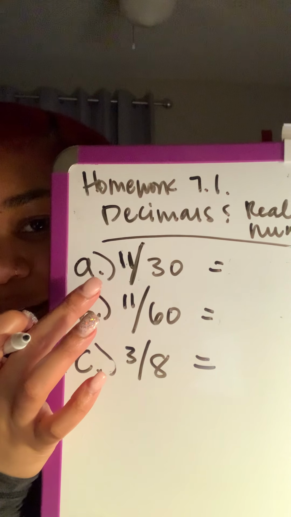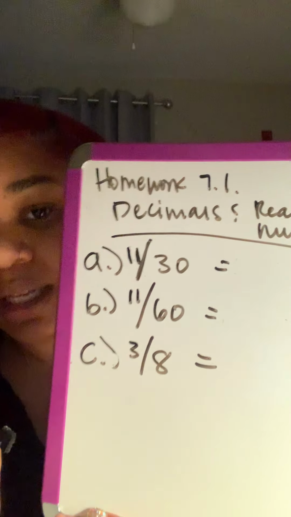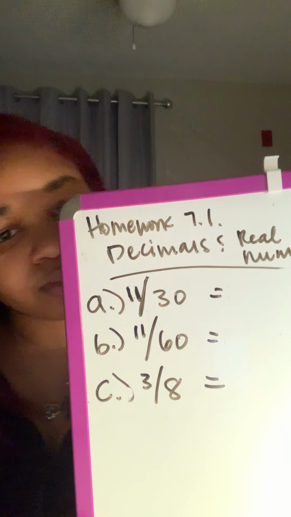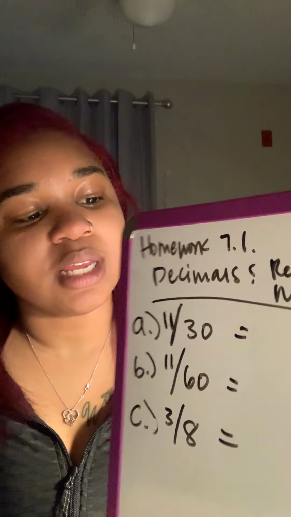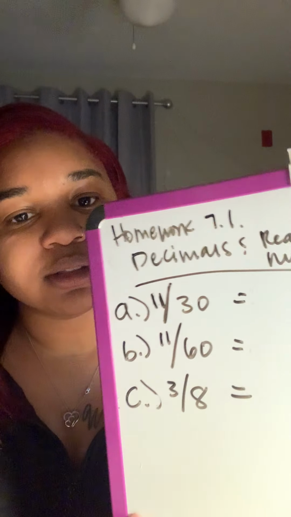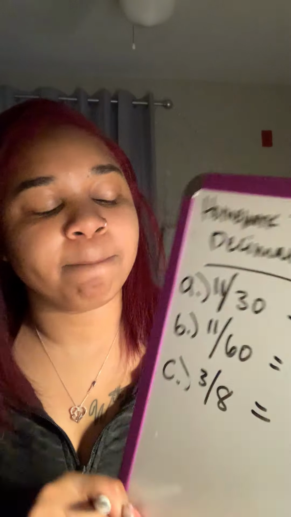We're going to start with A. So how do you get 11 over 30 to become a decimal? It's very simple once you realize it. The way that I like to do it is I just divide the top number by the bottom number, and you can just use a calculator.